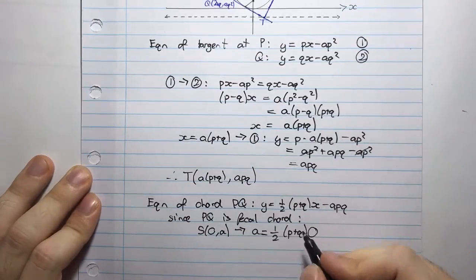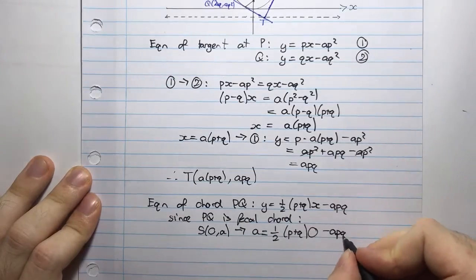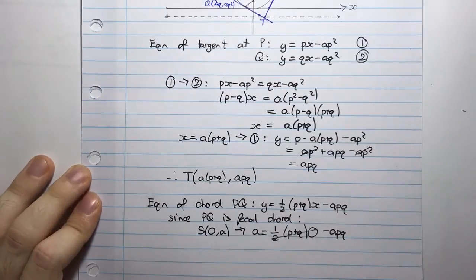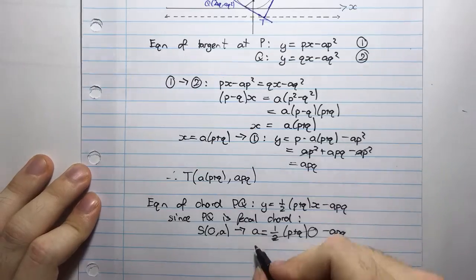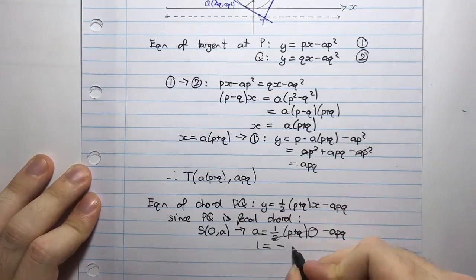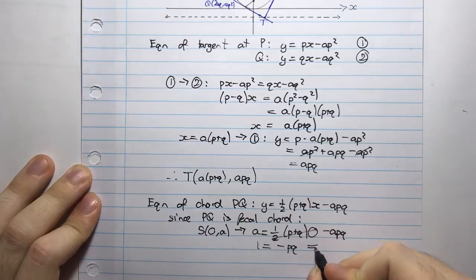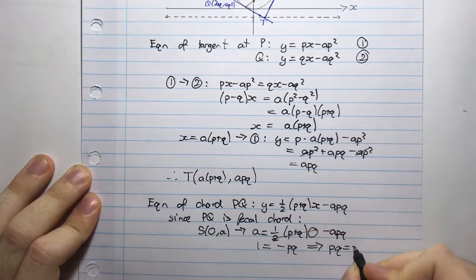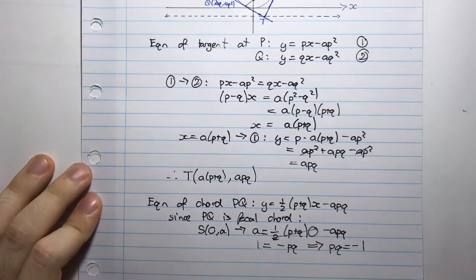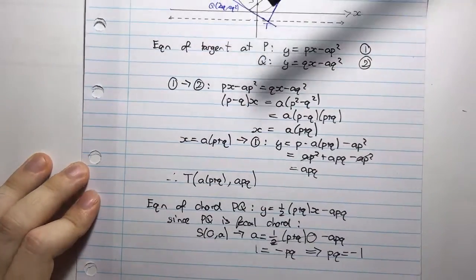So this whole term is 0, minus apq. Now if I divide by a, I'll have 1 equals negative pq, which is the same as pq equals -1.